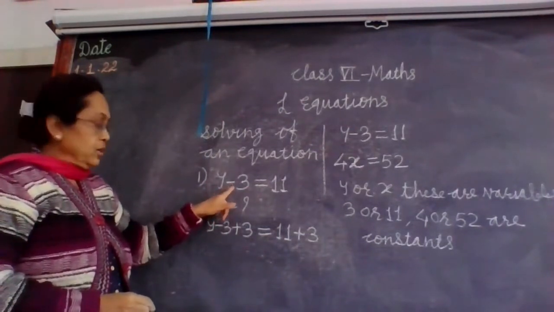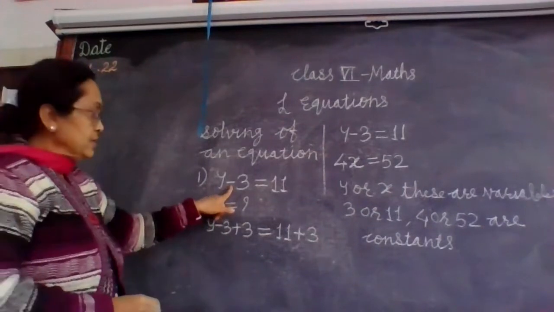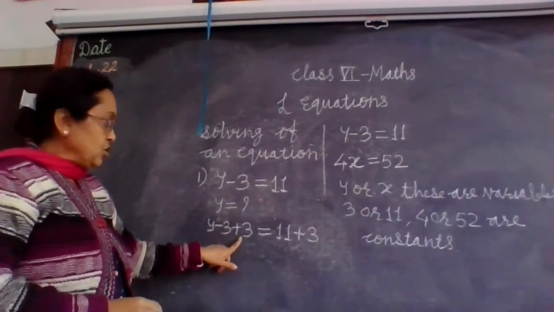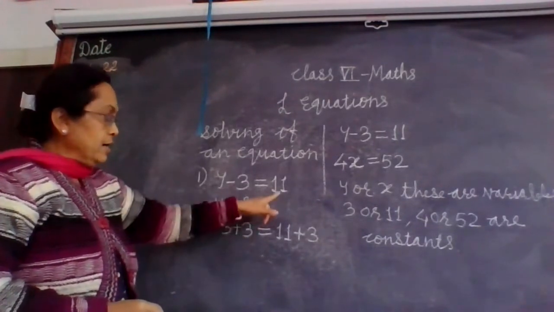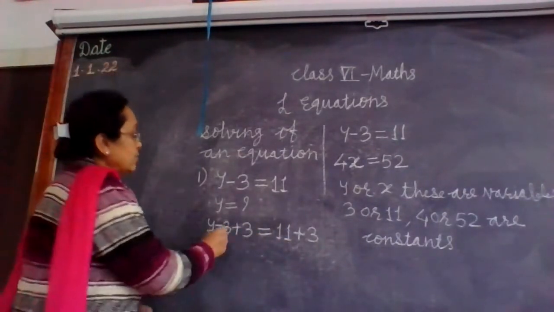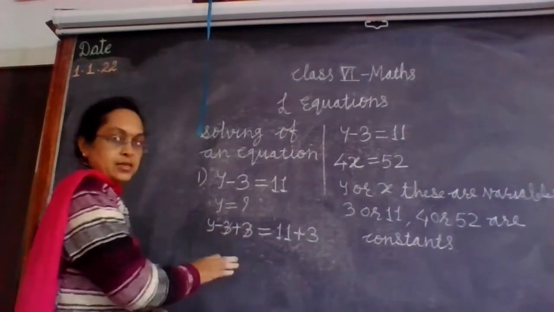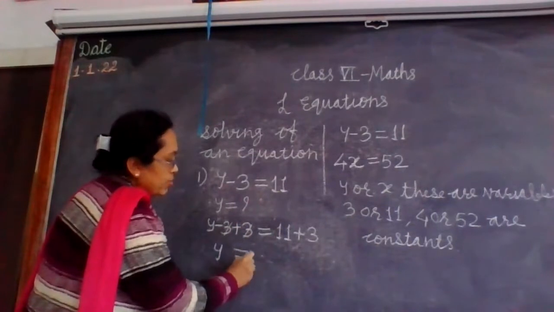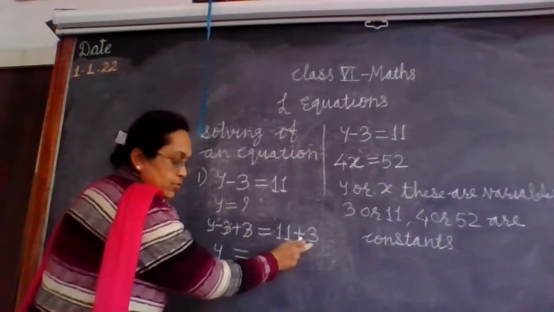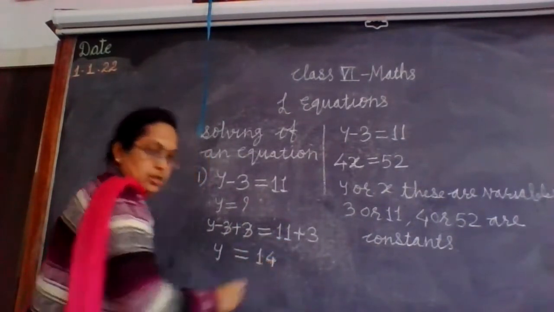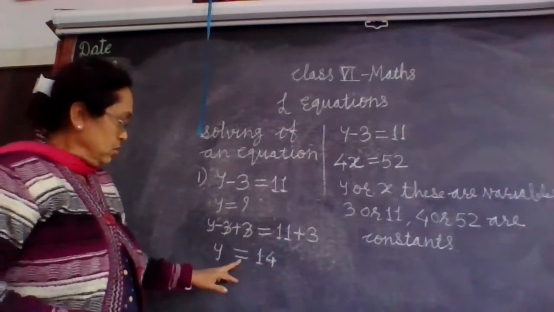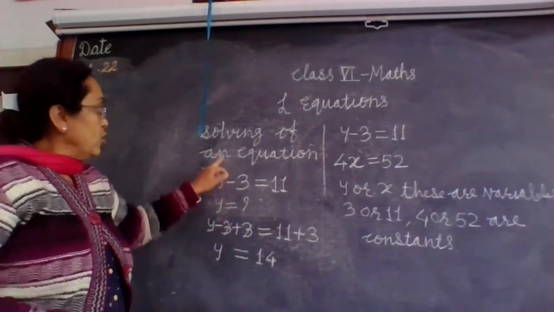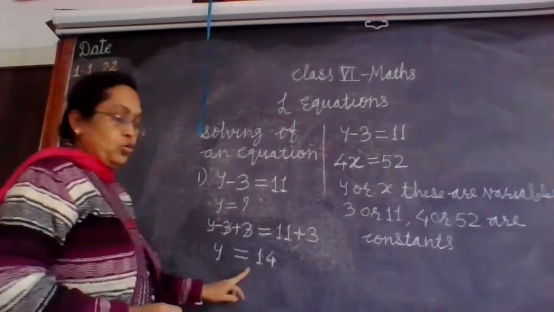Instead of subtraction, we do addition, the opposite. So 3 and 3 get cancelled, minus 3 plus 3 is 0. So y equal to 11 plus 3, which is 14. This is the value of y. That means we got the solution of the equation: y equal to 14.